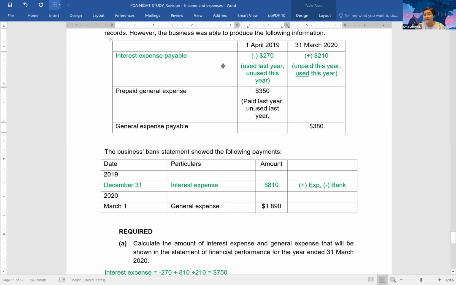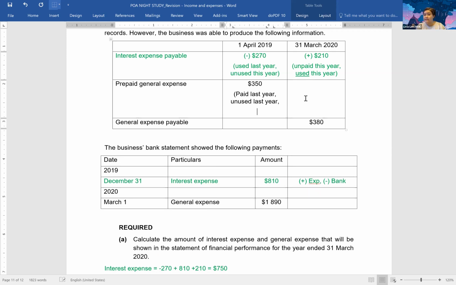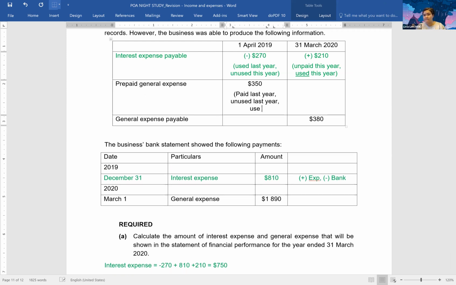When do you use it? You actually use this year. Since you use it this year, right?